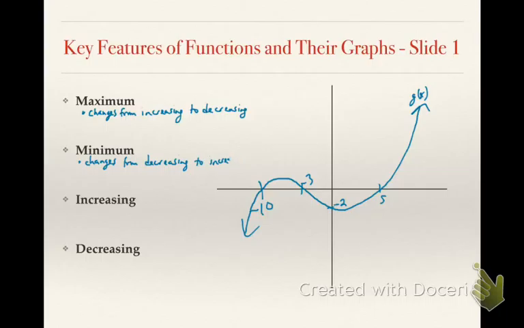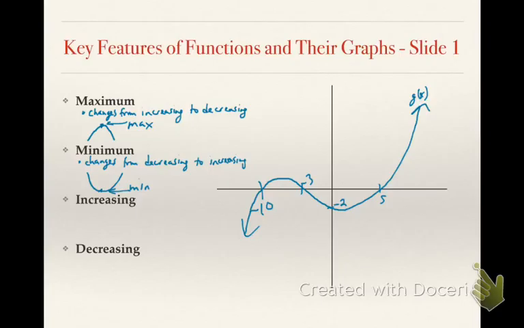Now when you're looking at graphs, you're always going from left to right. So if you're looking at where it's increasing to decreasing or decreasing to increasing, you're always looking from left to right. So maximums occur where it's increasing and then it starts to decrease. That point right there, best as I can draw it, is the maximum. From decreasing to increasing, that point right there is the minimum.